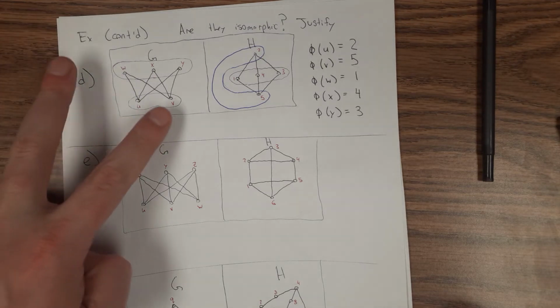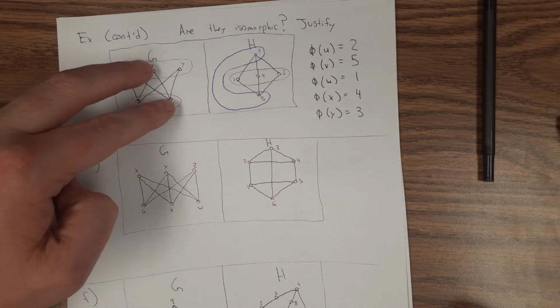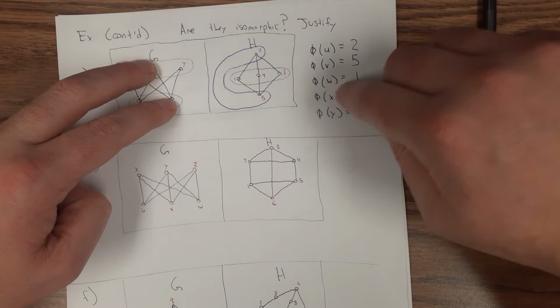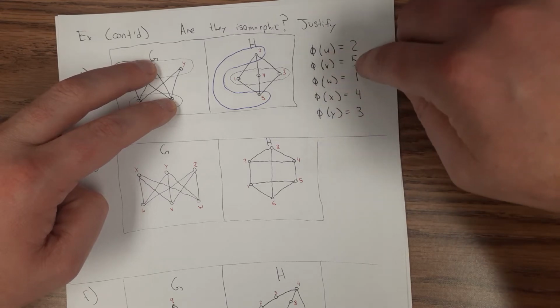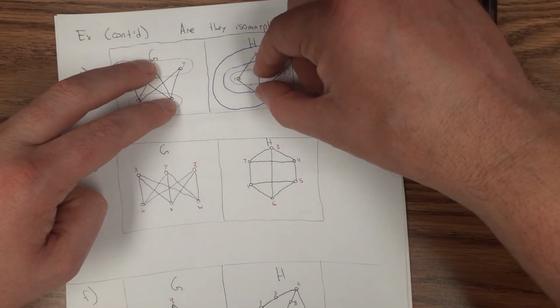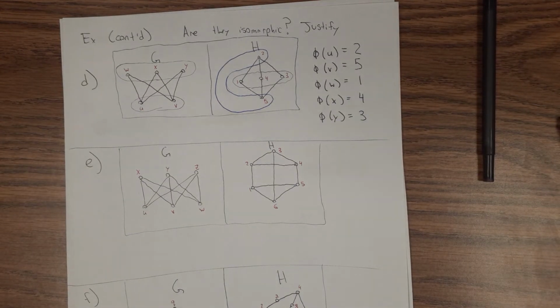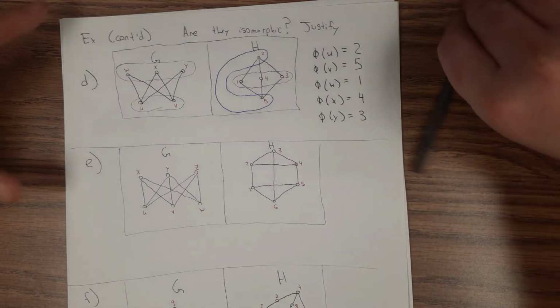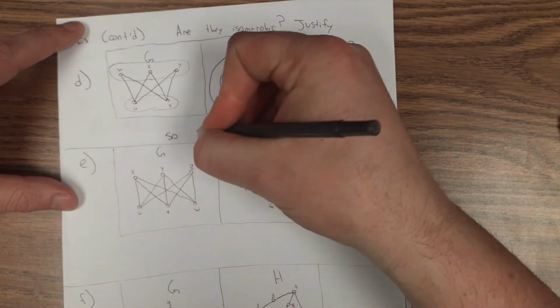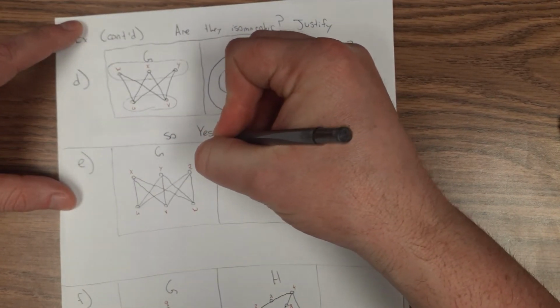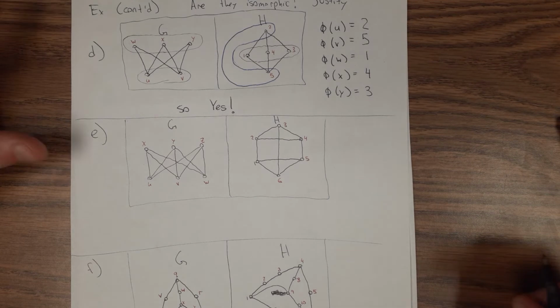And I won't check all of them, but we can check X, V. X corresponds to 4, V corresponds to 5, and 4 and 5 are adjacent. So you can finish checking, but this is a valid isomorphism. So the answer is yes, they are isomorphic.